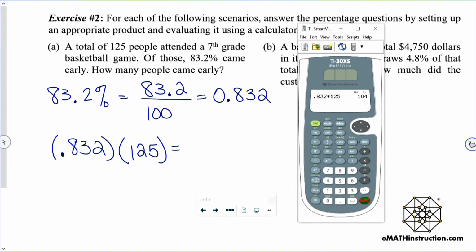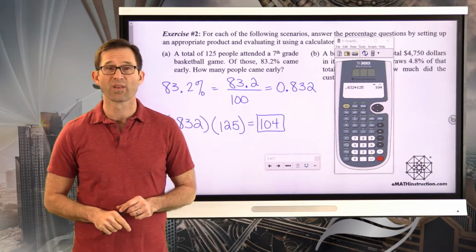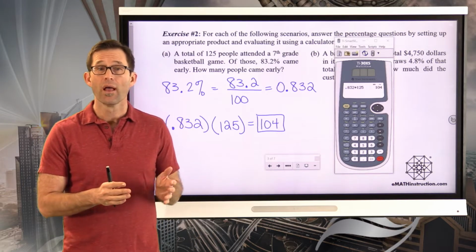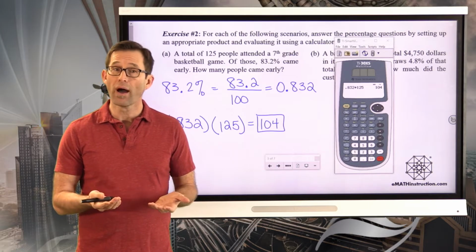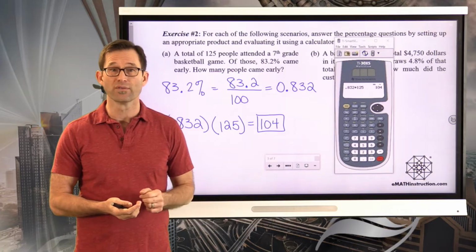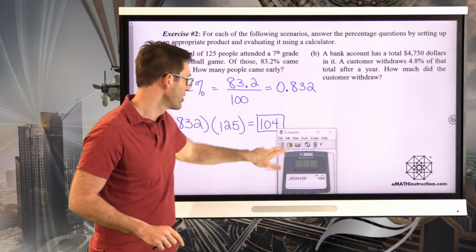And we find that 104 students, or 104 people, must have come early. That's it. There's really nothing different that we're doing here than what we did in the last lesson. But the percent is just a bit uglier, right? 83.2%.